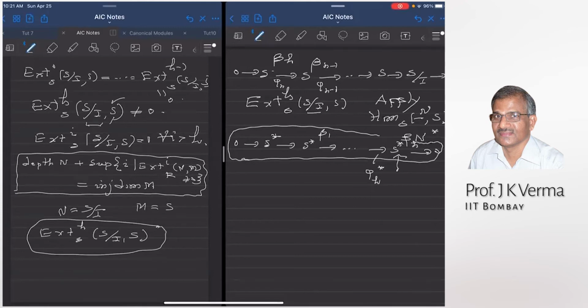So we understand this minimal resolution, and all the cohomologies are 0 except at this spot. At this spot, to calculate the cohomology, we take the cokernel of this last map, and that is the Ext. So the cokernel of phi H star is the Ext.